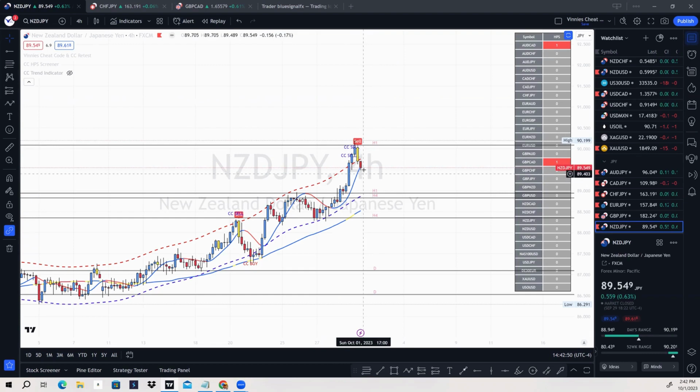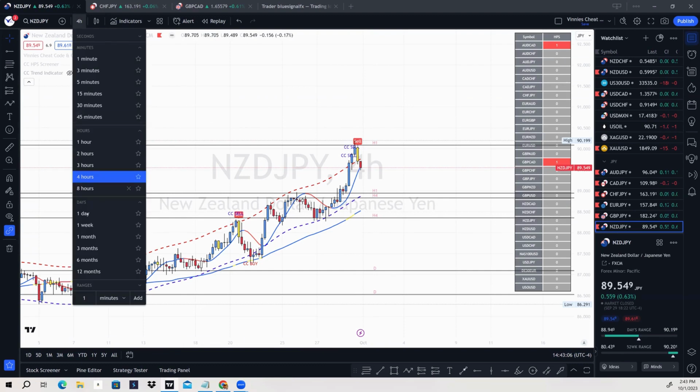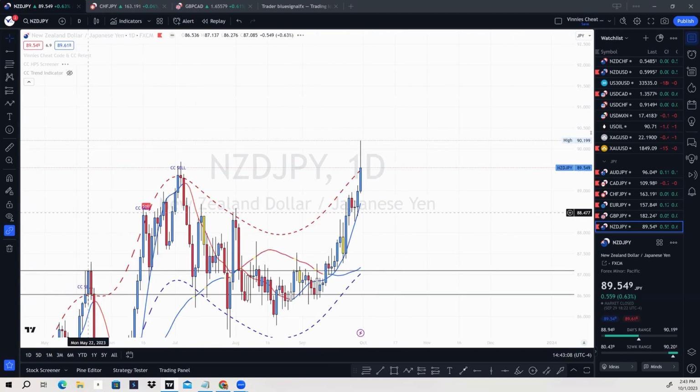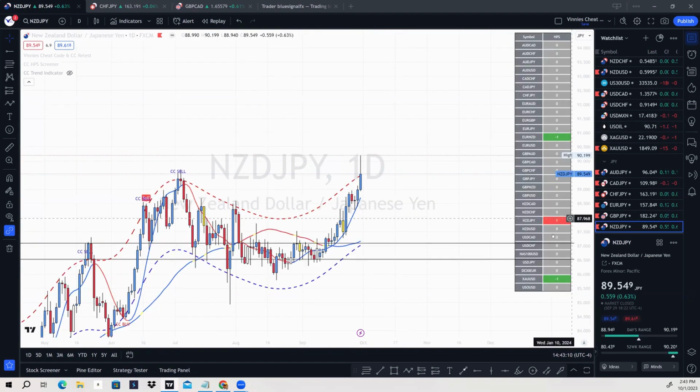Price just now is breaking the Hull moving average on the 4-hour time frame, so we can look for price to continue down, maybe break some structure. And once we do that, we can definitely look to get into this trade for NZDJPY. Again, I trade off the daily time frame. Daily time frame gives me all the information that I need.